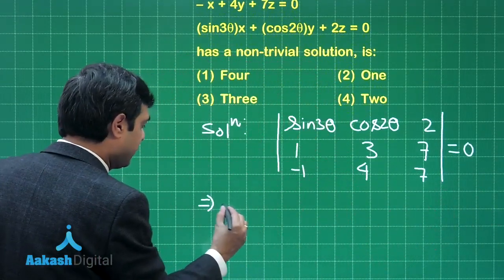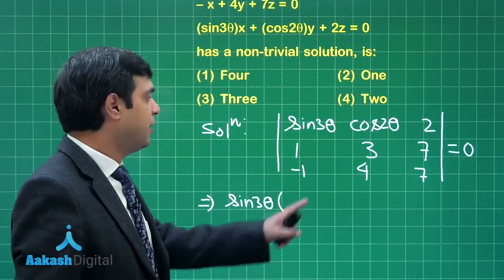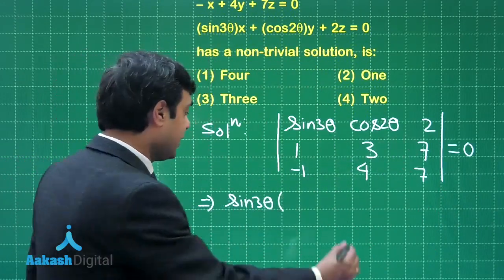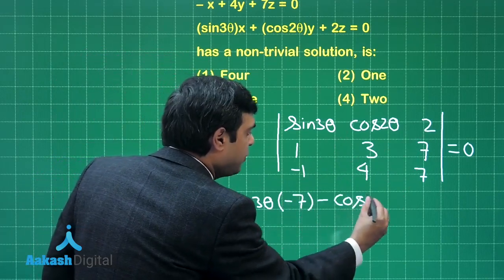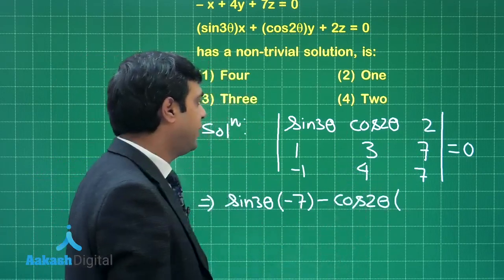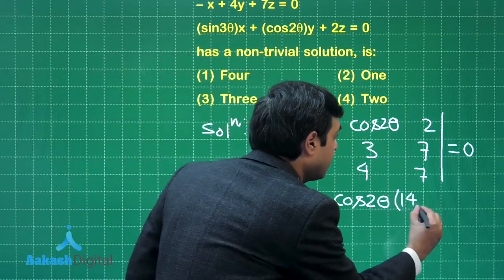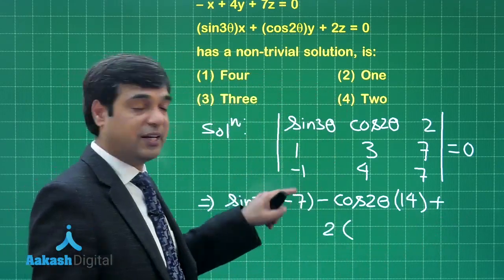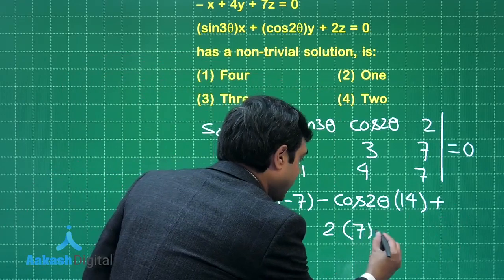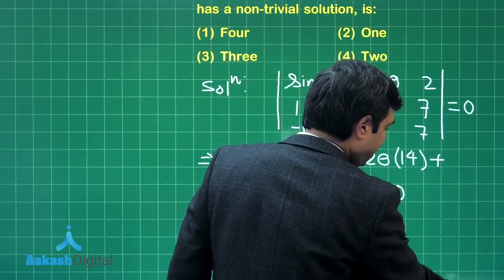Expanding it, you have sine 3 theta multiplied with 21 minus 28 giving you minus 7, minus cos 2 theta multiplied with 7 plus 7, that is 14, plus 2 times 4 plus 3, that is 7, is equal to 0. So, this is the result we are getting here.